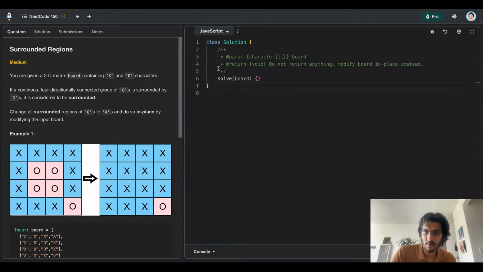That's one way for sure. And so, when moving in all directions, do I need to move in all directions?